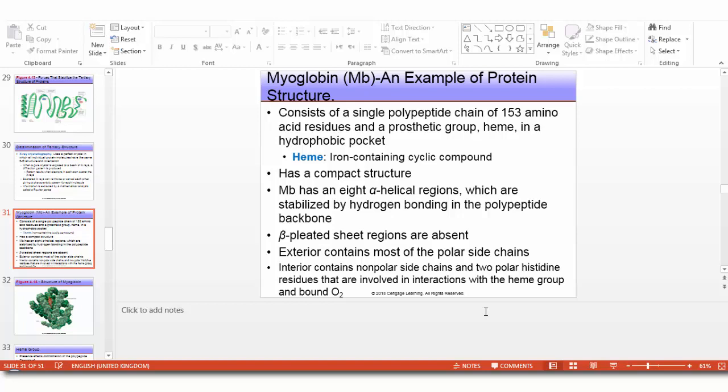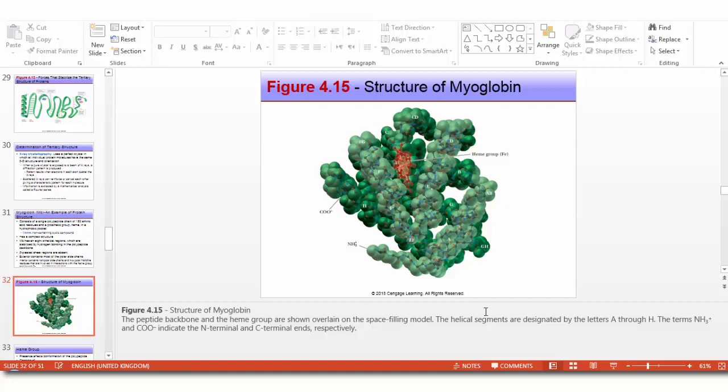Approximately 75% of the residues in myoglobin are found in these helical regions, which are designated again by letters A through H. Hydrogen bonding in the polypeptide backbone stabilizes the alpha helical regions. Amino acid side chains are also involved in hydrogen bonding.